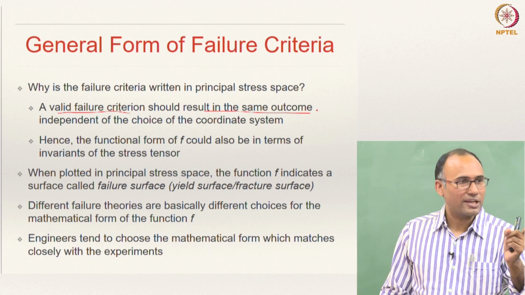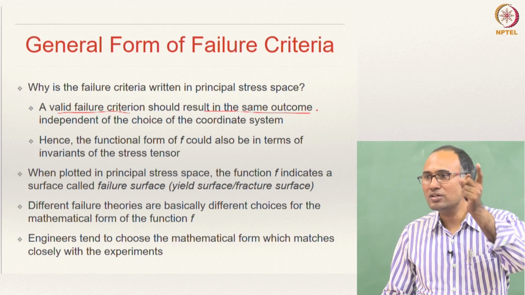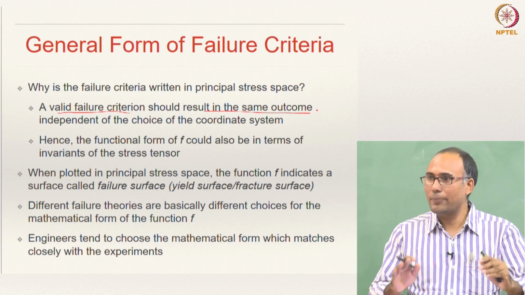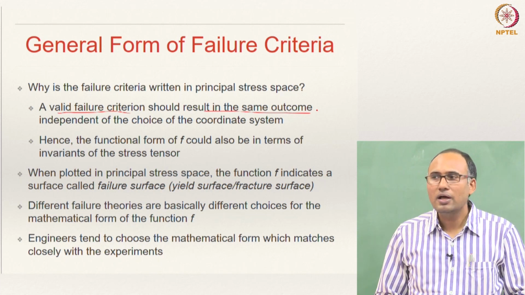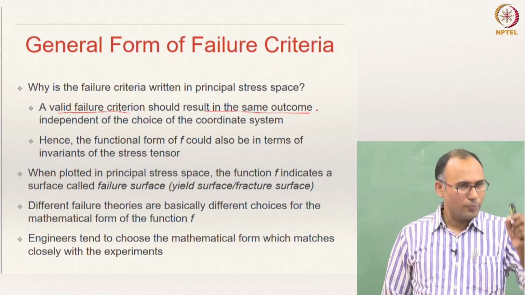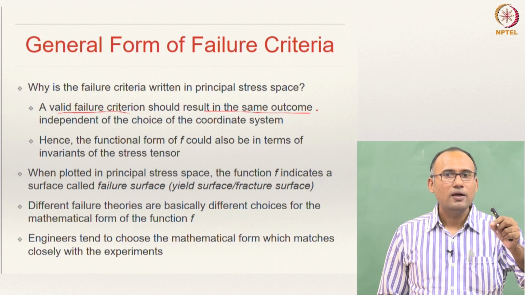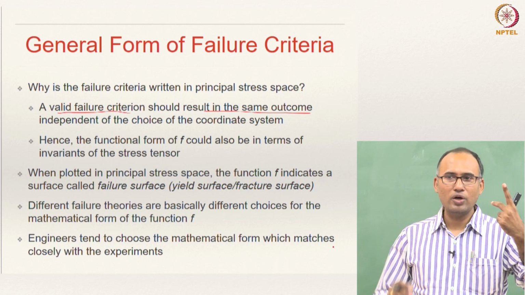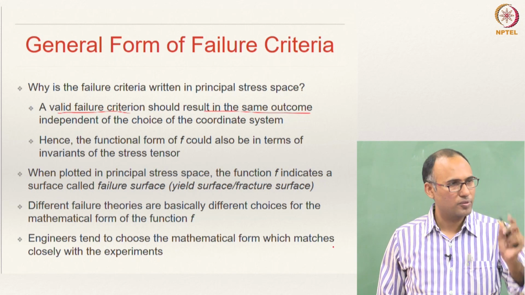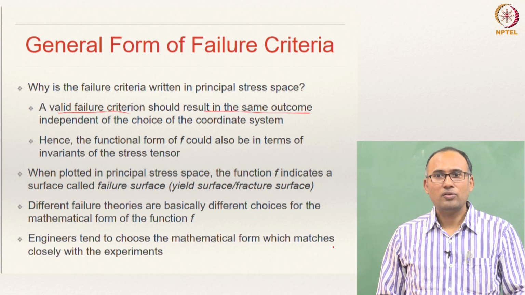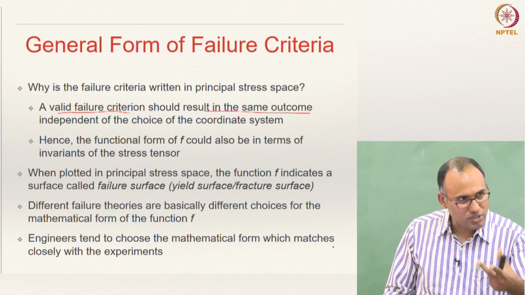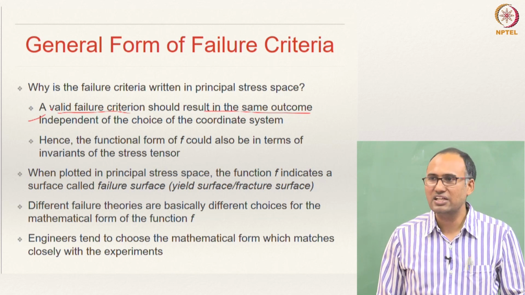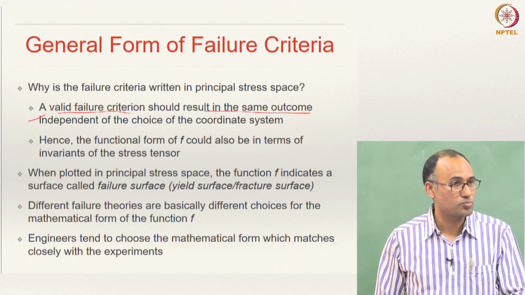Your failure theory should not depend on the choice of your coordinate system. At a given point, if you know the stress state, your principal stress state is fixed, right? You know at a particular orientation you will have your principal stresses. Hence if you take the principal stress space, that automatically satisfies this criterion, and hence failure criteria are usually written in principal stress space.